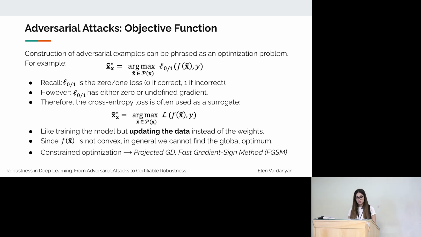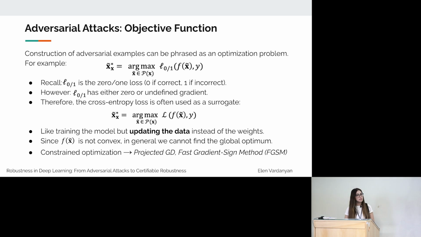Recall that L01 is the 0-1 loss, which is 0 when the prediction is correct and 1 if it is incorrect. But the problem with the L01 loss is that the gradient is either 0 or undefined. So in many cases we use the cross entropy loss as a surrogate, and we have this new objective function underneath.